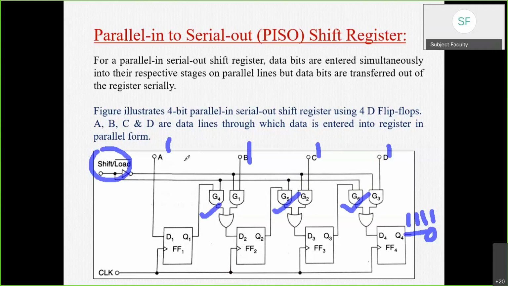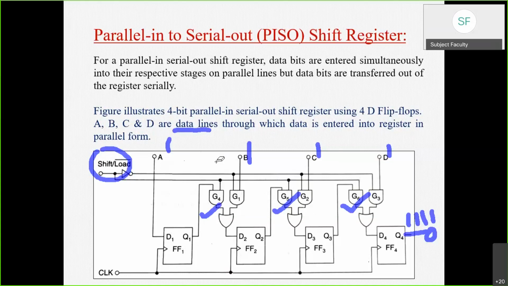So you can refer to this figure. It illustrates a 4-bit parallel in serial out shift register using 4 D flip-flops. A, B, C, D are the data lines through which data is entered into the register in parallel form.